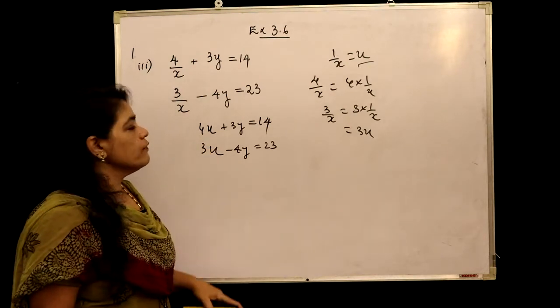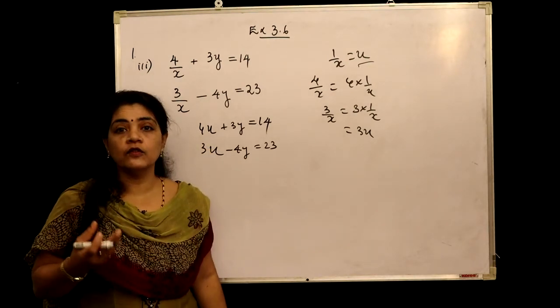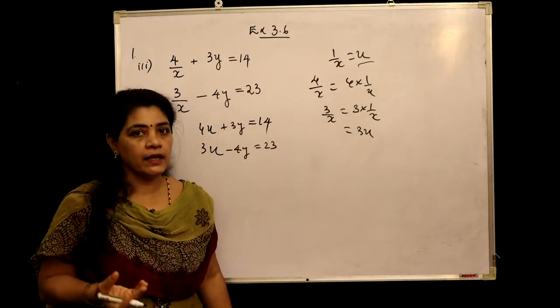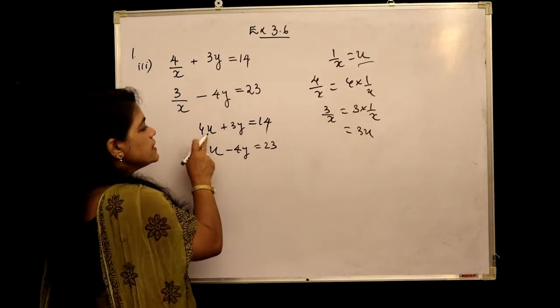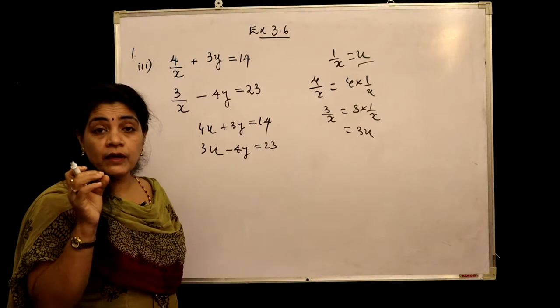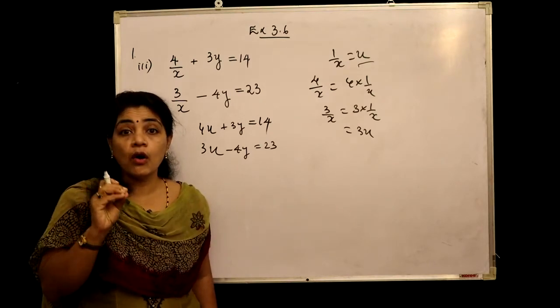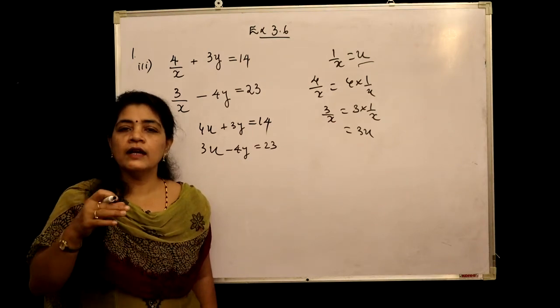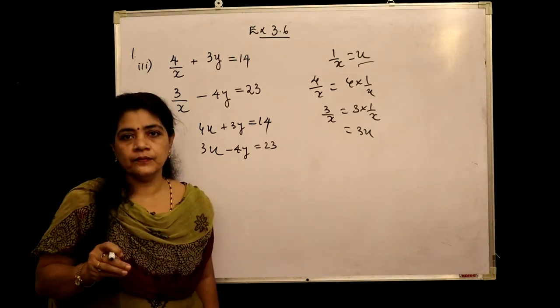Here how can we apply the elimination method? Any one of the methods you can apply, but I am solving these equations by the elimination method. So here, children, we are making the coefficient of u the same in both the equations. Then only we can eliminate that term.